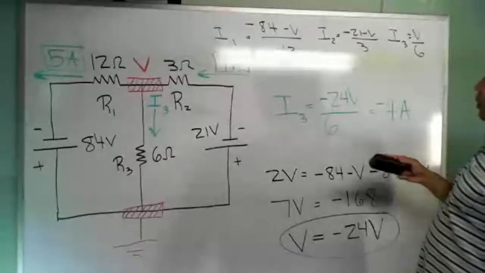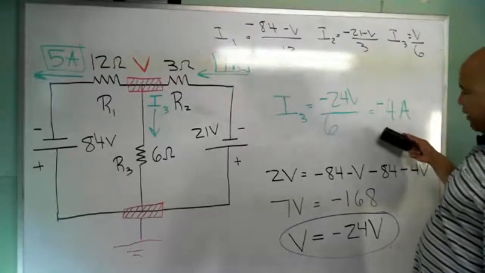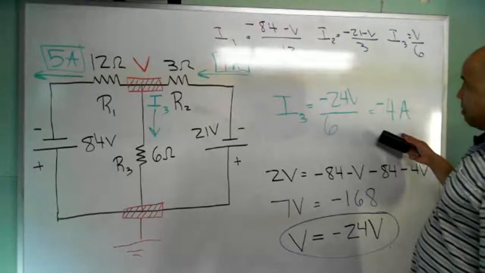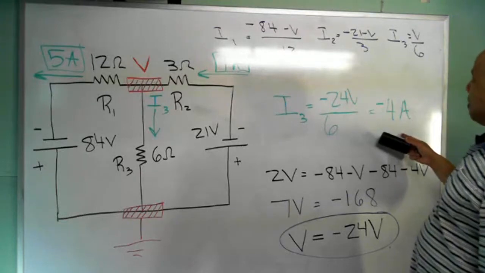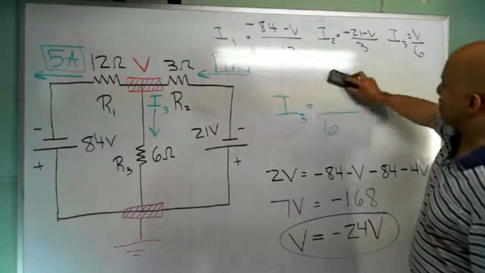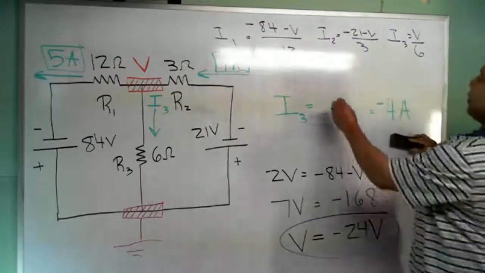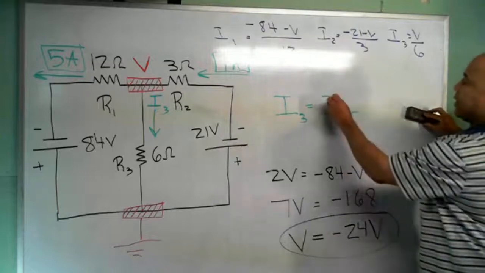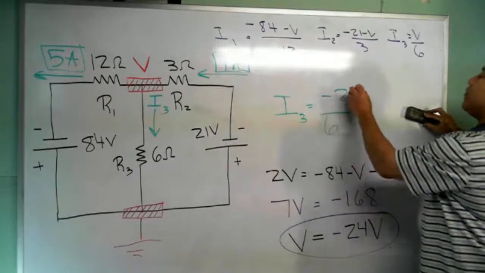You don't look at the circuit, you look at this. Do we get a negative current? We had I3 was V over 6, and you told me V was negative 24.